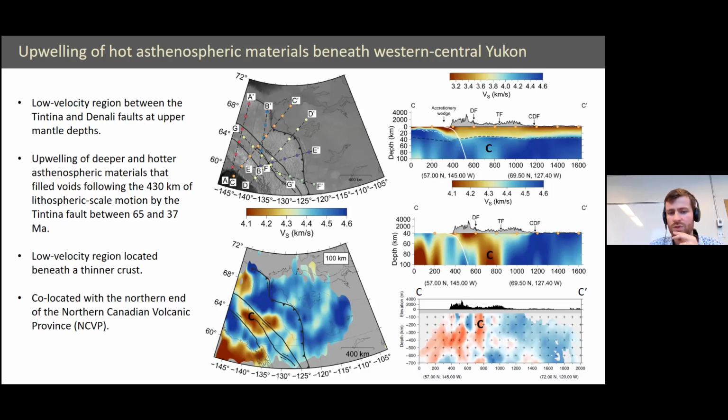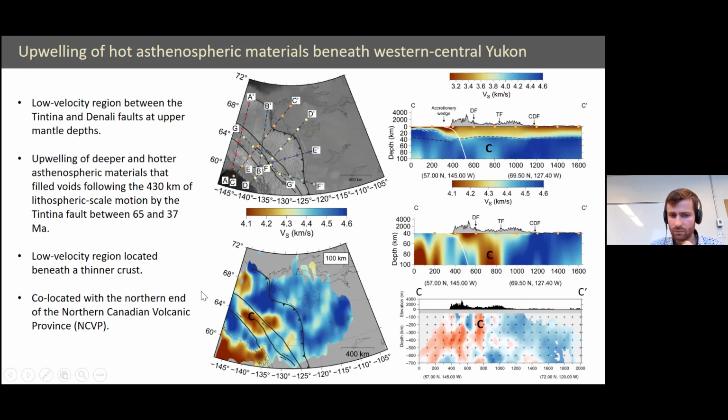So here, what we suggest is that this shows an upwelling of deeper and hotter asthenospheric material that filled voids following the 430 kilometers of lithospheric-scale motion by the Tintina fault between 65 and 35 million years ago.